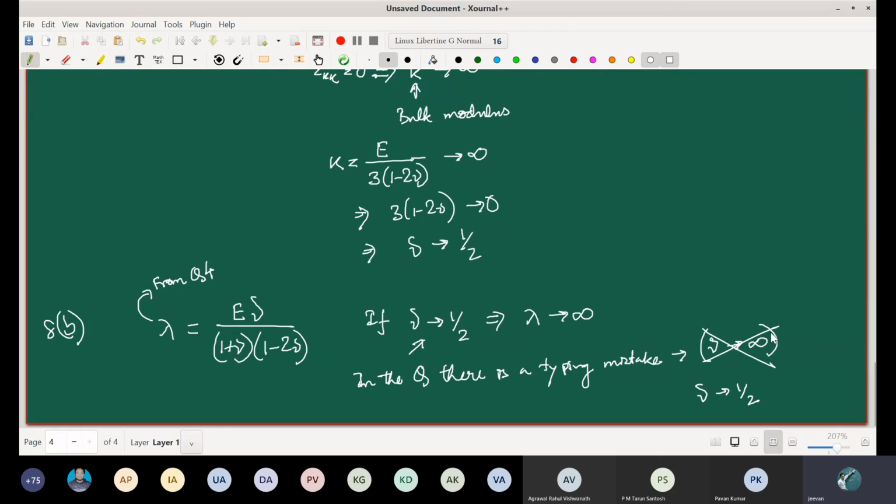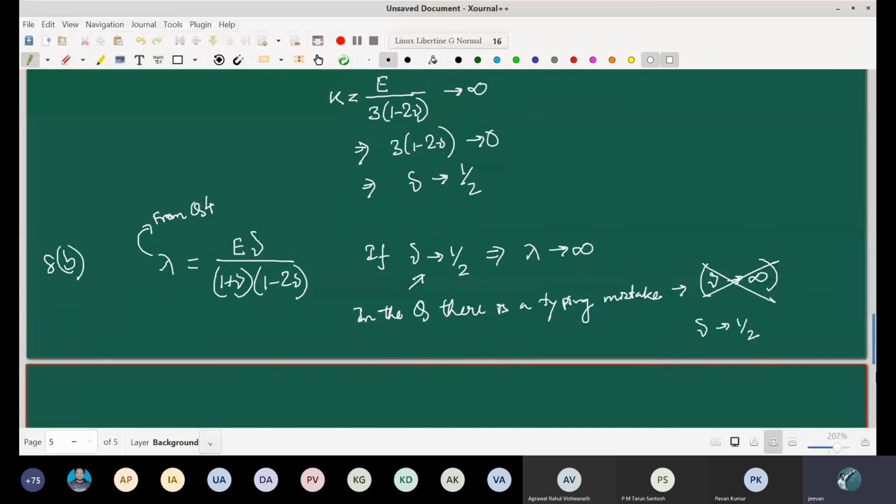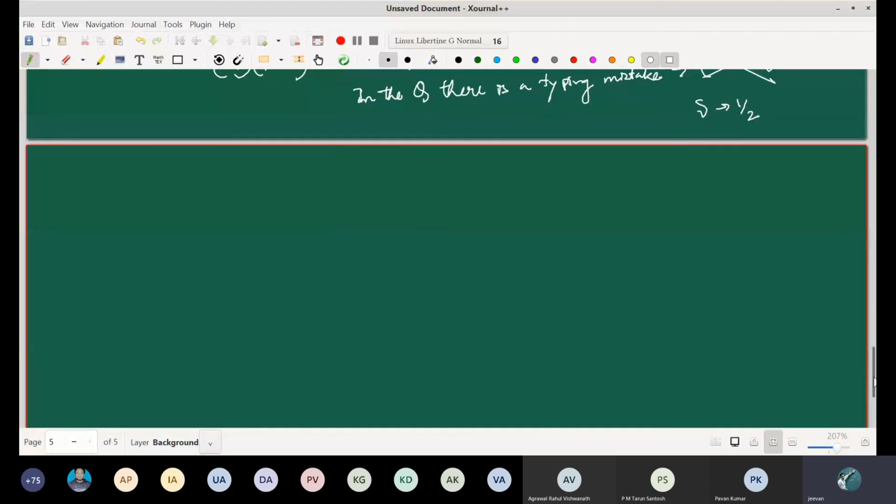Just quickly going to the next page for 8c. Again, if we consider this constitutive relation, sigma ij is equal to lambda epsilon kk delta ij plus twice g epsilon ij. What happens for an incompressible material?